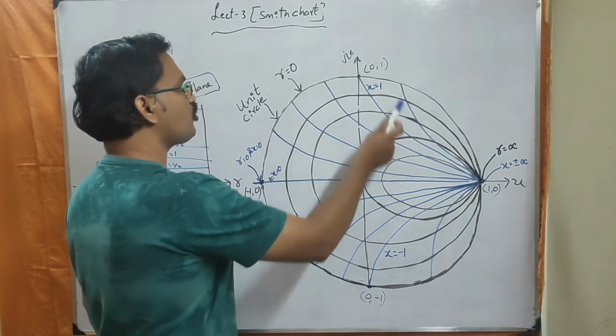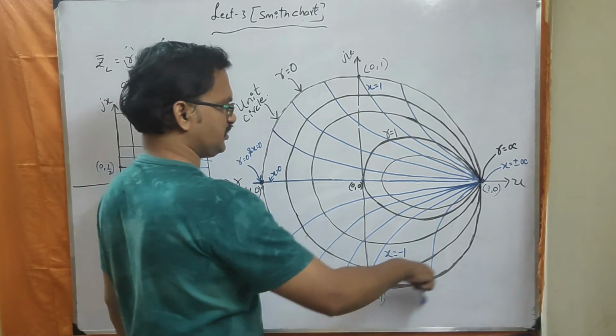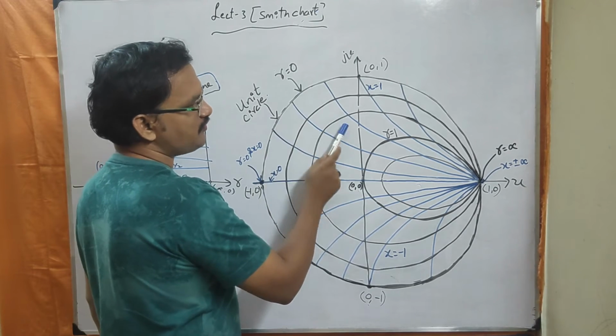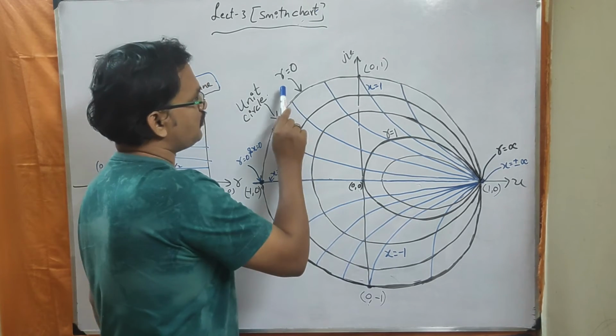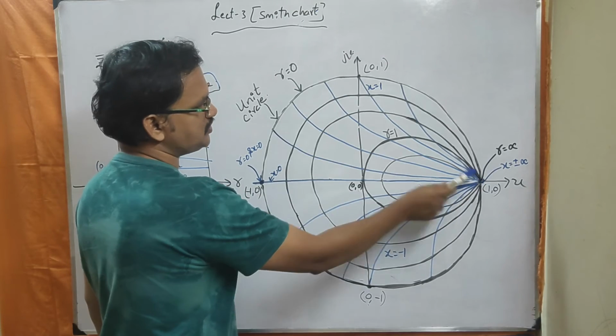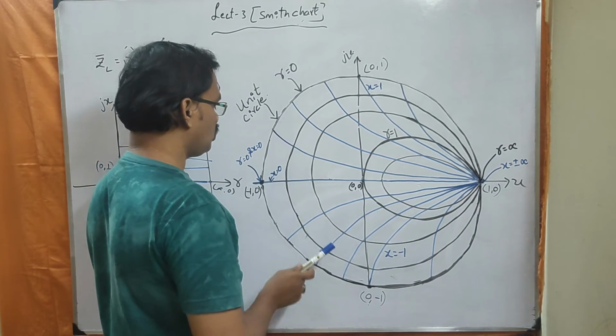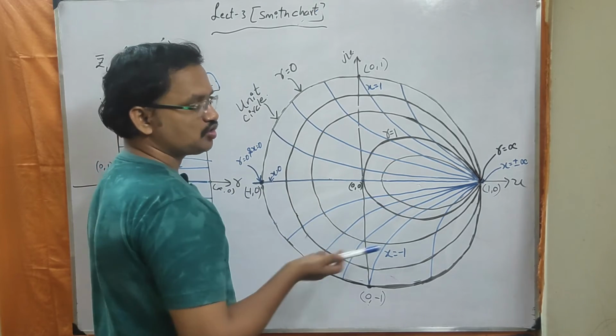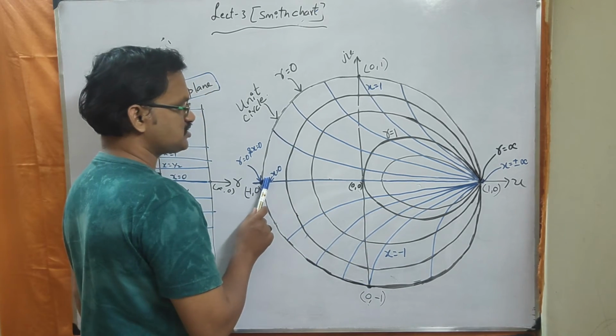Why? If you observe, within this unit circle here, we got all the possible values of resistances, that is from R equal to 0 to R equal to infinity. All are present within this unit circle, and also we got all the possible values of reactances within this unit circle. See here, X is equal to 0.